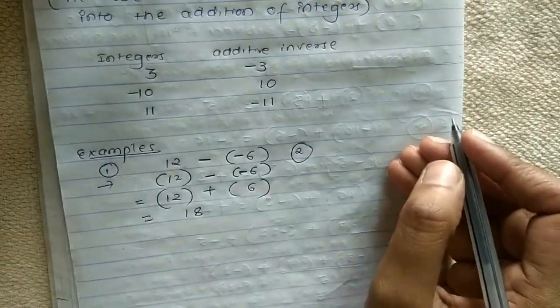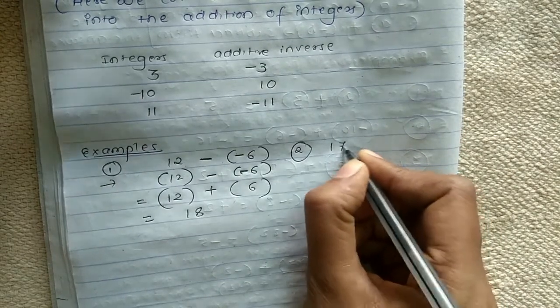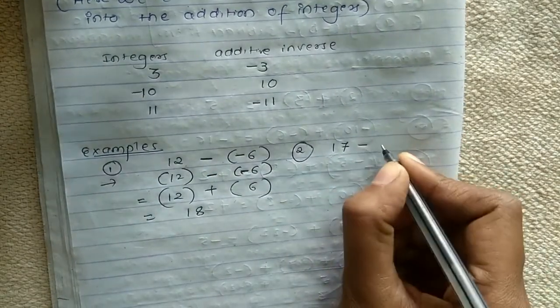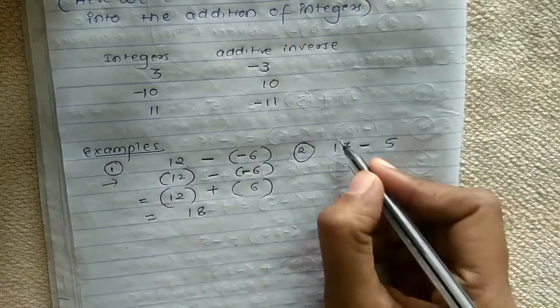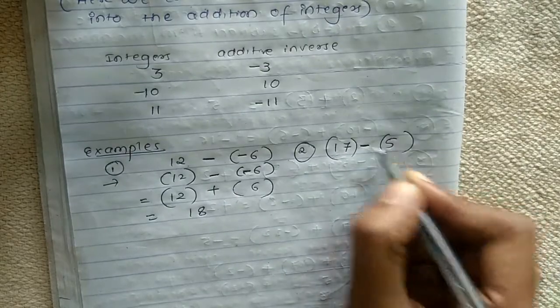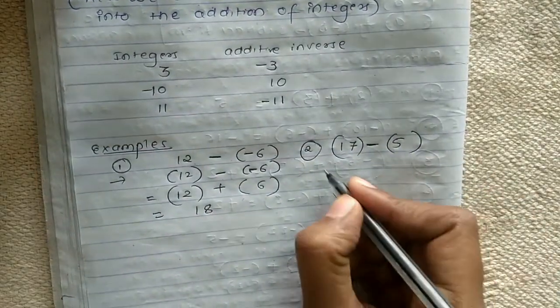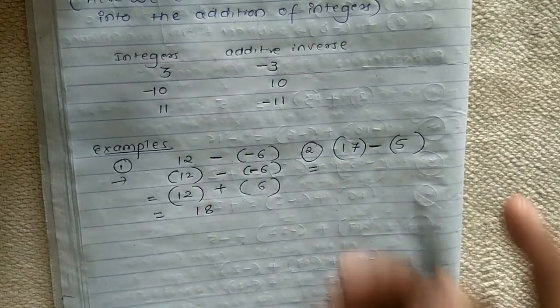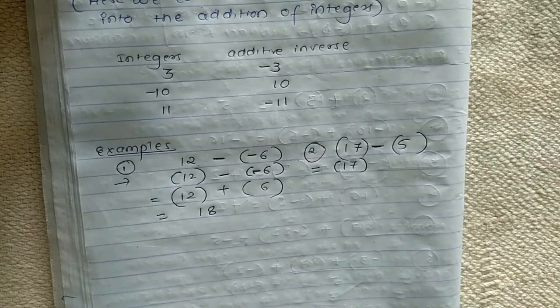Now we'll take some more examples. Here we have 17 minus 5. Put them in brackets, because whatever minus sign is given is the sign of subtraction. Both are having a plus sign. So keep the first integer as it is. Convert the subtraction into addition.